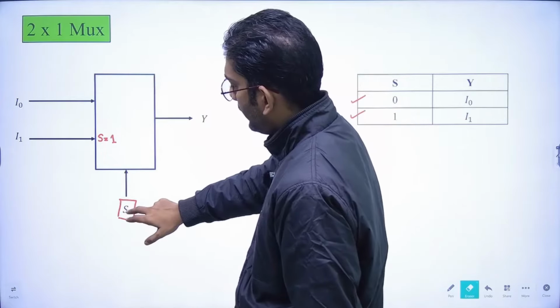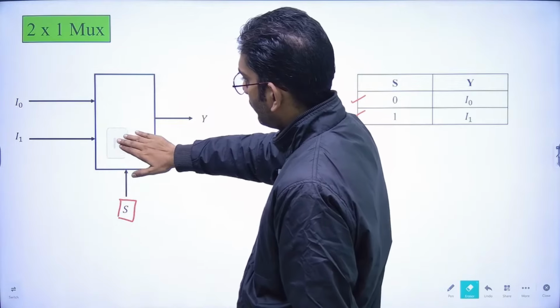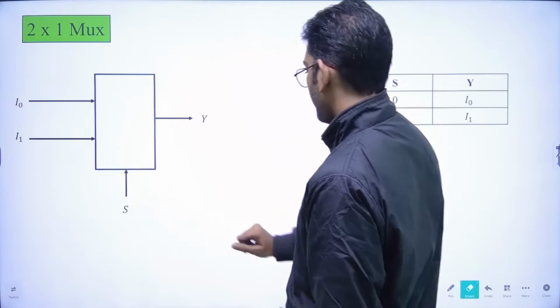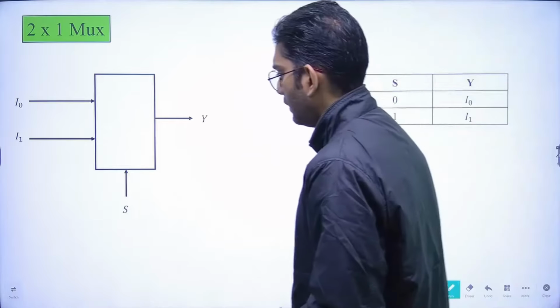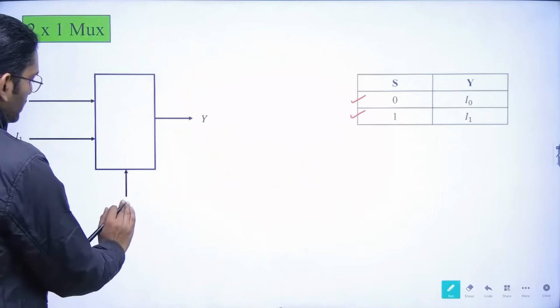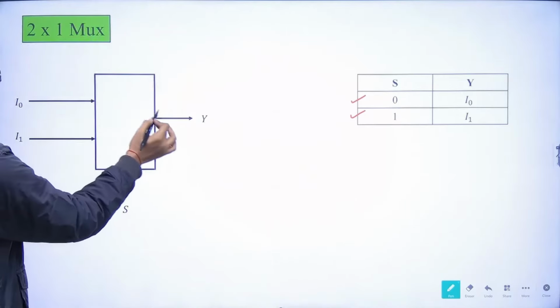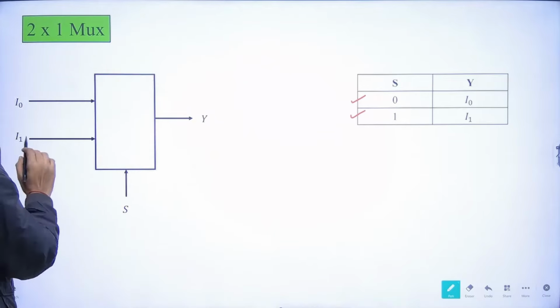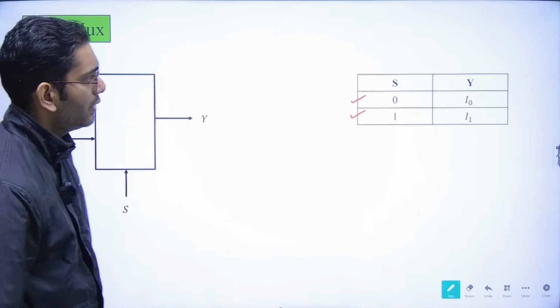And when S is equal to 1, I1 would be connected to the output. So this is the basic working of the multiplexer. When S is 0, I0 is connected to the output, and when S is 1, I1 is connected to the output.